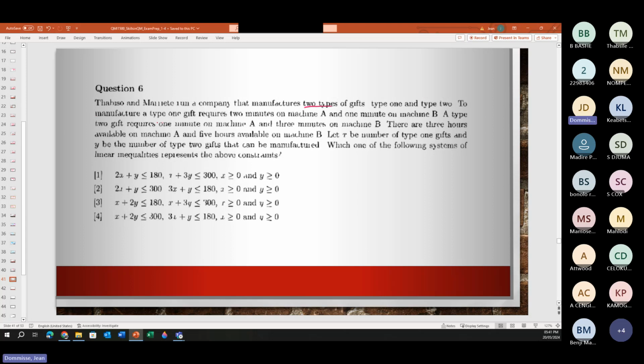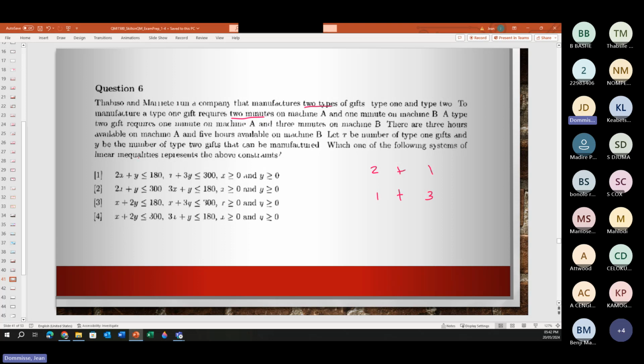To manufacture a type 1 gift requires 2 minutes on machine A and 1 minute on machine B. A type 2 gift requires 1 minute on machine A and 3 minutes on machine B.